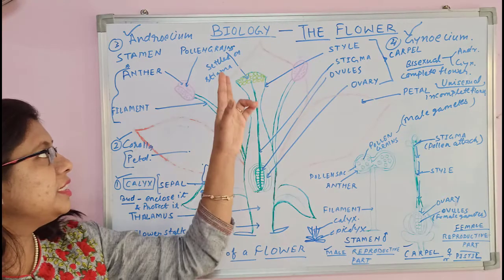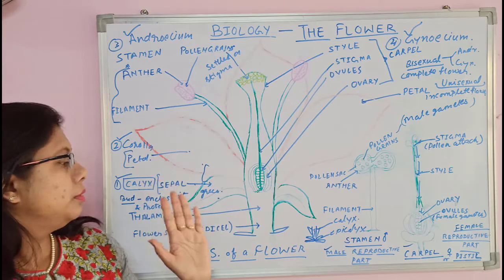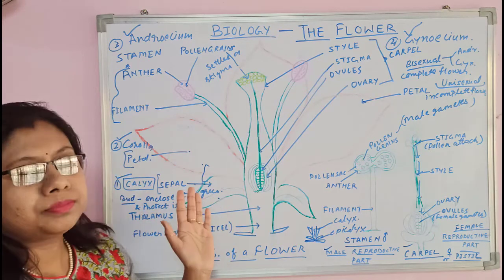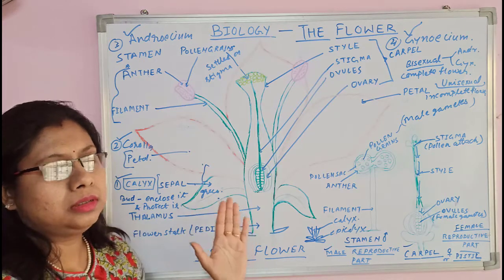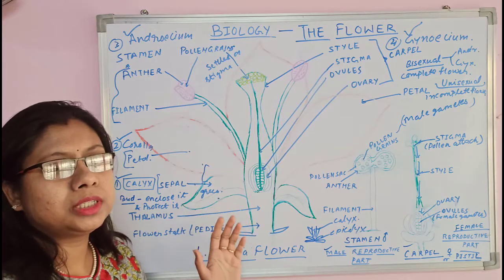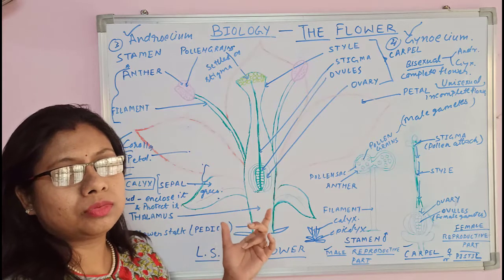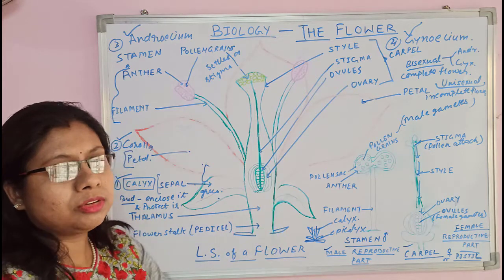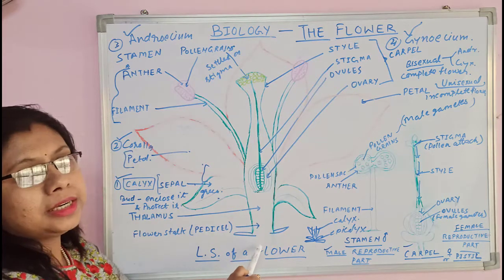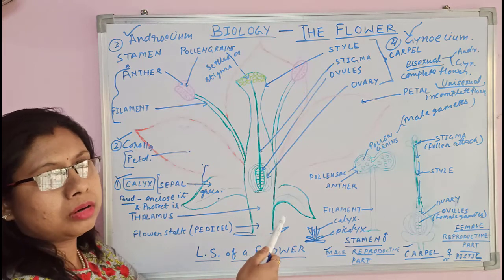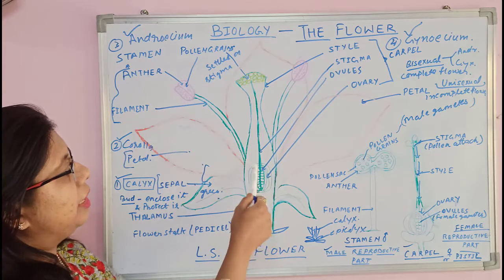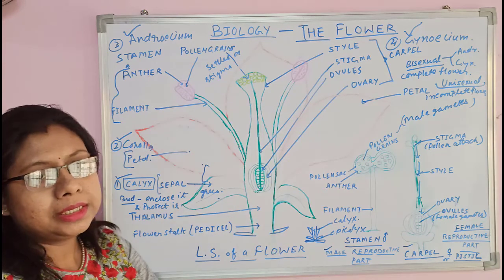So what we studied in this LS of flower: why is a flower needed in a plant? These are needed for sexual reproduction in a plant. These are the reproductive organs of a plant. For sexual reproduction, a plant needs a flower which contains the female and male organs, having male and female gametes in it.